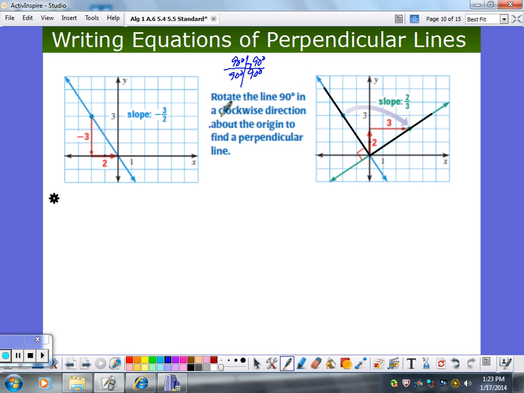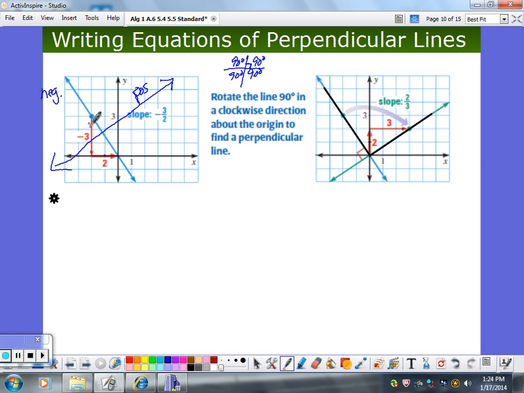It can be a little bit confusing, but let's start with this one. I've got a line with a slope of -3/2. Now if I'm going to have a line that's perpendicular, at a minimum, if this has a negative slope, what's the slope of this one going to be? Opposite slopes, negative, positive. And then we're kind of turning it around.